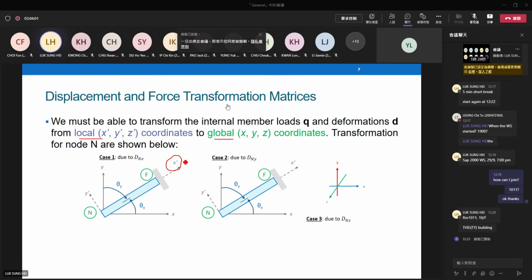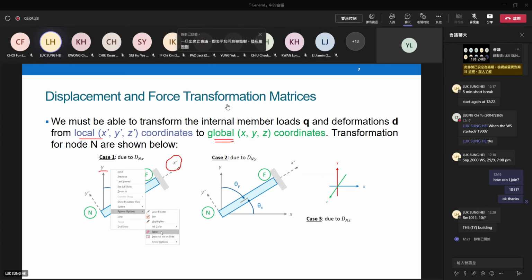X prime axis is always along the member length. Y prime is 90 degrees to X prime. They are the local axes. Then what about global? Global is the same coordinate system for all members. Horizontal for X, vertical for Y. These are the global and local axes we use in truss analysis.